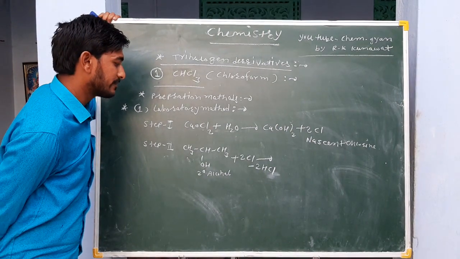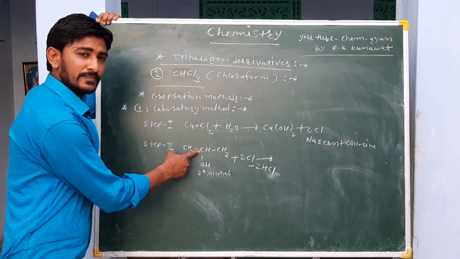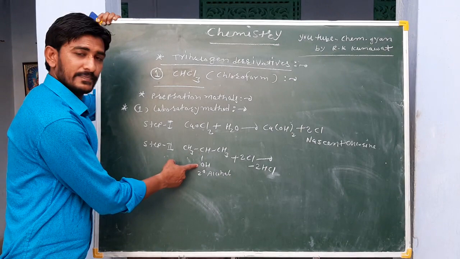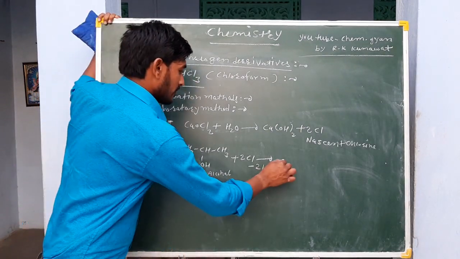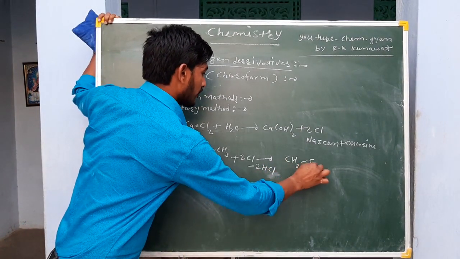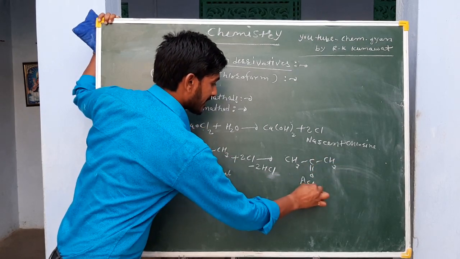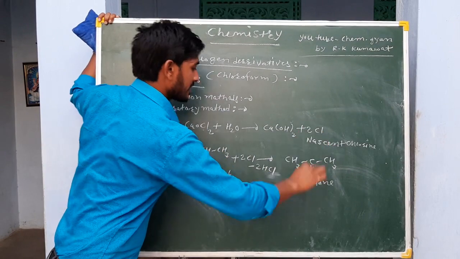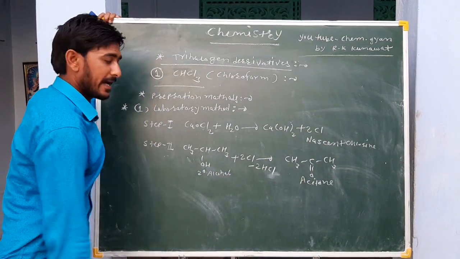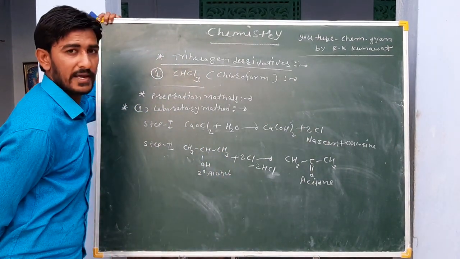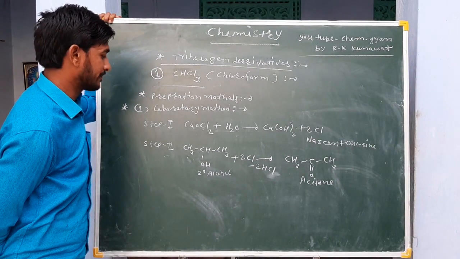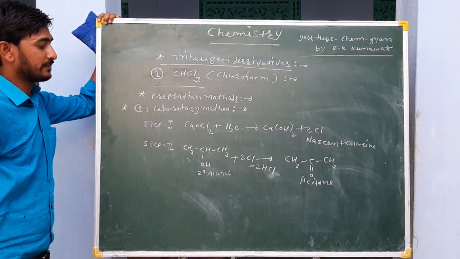HCl molecule is removed and a double bond is formed between carbon and oxygen. CH3, C double bond oxygen, CH3, acetone is formed as a product, and hydrogen chloride is removed in the second step.